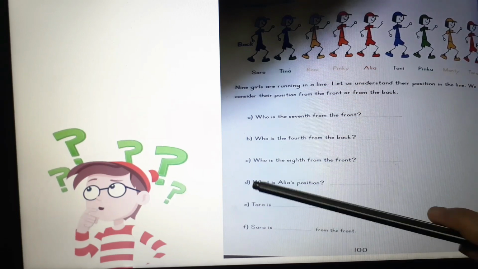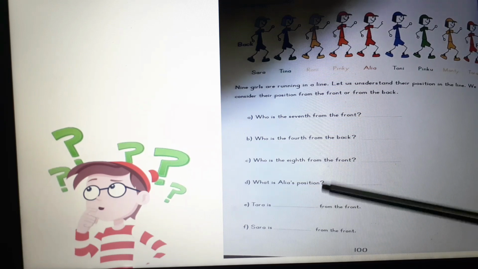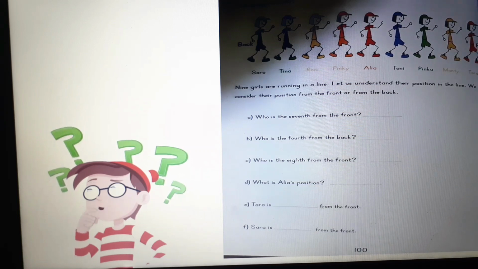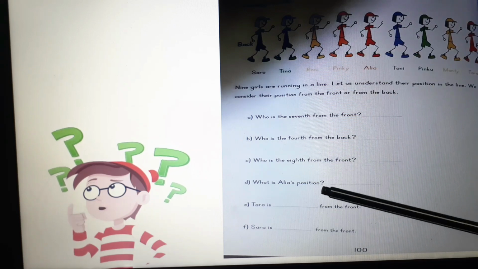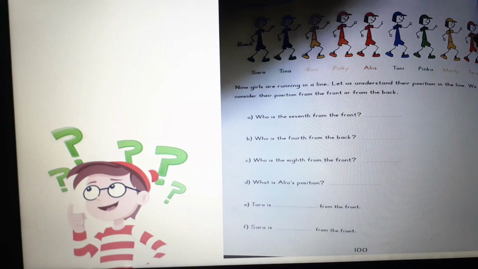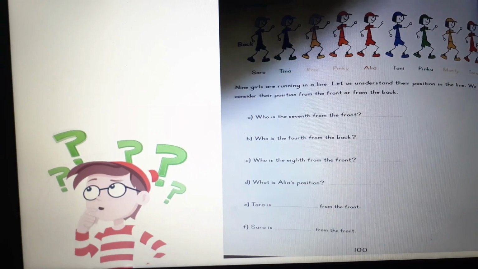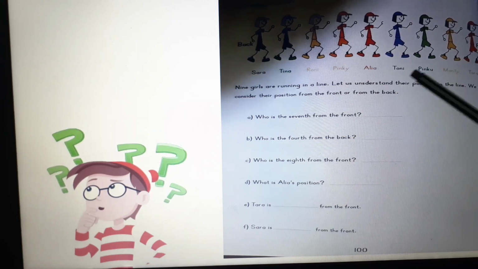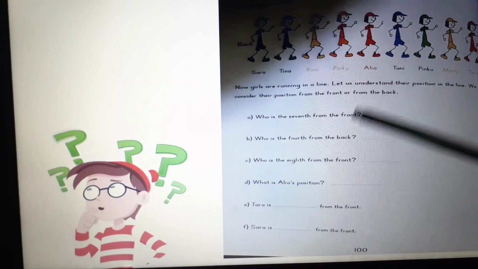So let's move to D number. What is Alia's position? Here nothing is written, from the front or from the back, which way to use. So for this type of question, we have to think the counting will be from the front. Start counting from Tara. First, second, third, fourth, fifth. So Alia is in the fifth position.